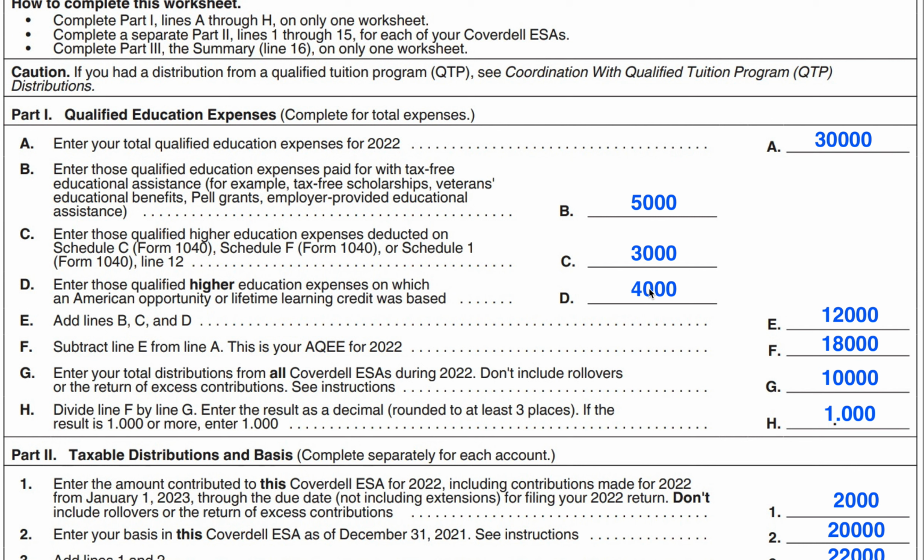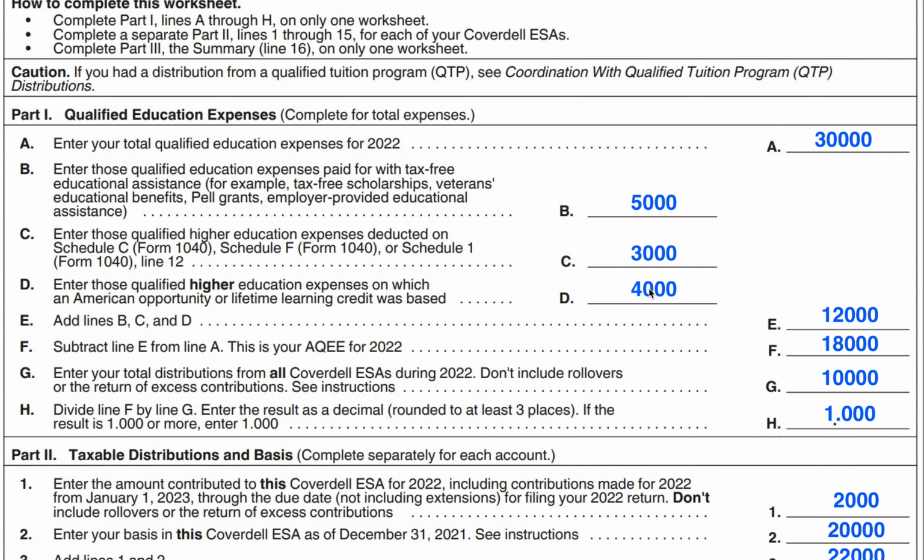So a total of $4,000 has to be paid, but you get a credit of $2,500. So any of these expenses that were either tax-free benefits or tax deductions or tax credits, we have to take those out of what actually came out of pocket, because you can't double dip. We can't use Coverdell ESA distributions in a tax-free setting to pay for costs that have already been either deducted elsewhere on our tax return, taken as a credit, or provided by tax-free educational assistance.